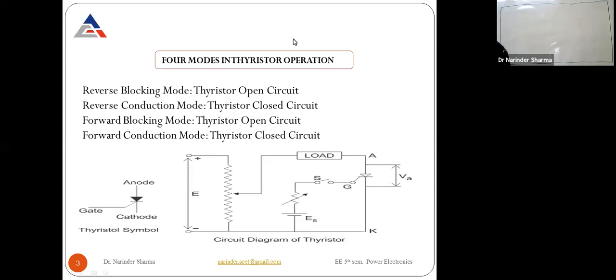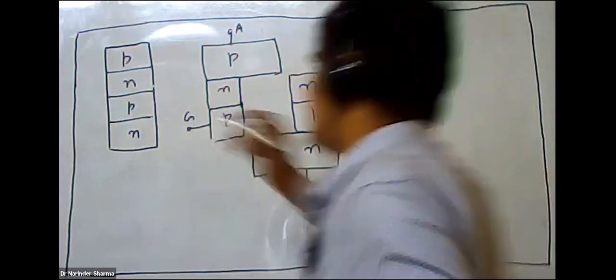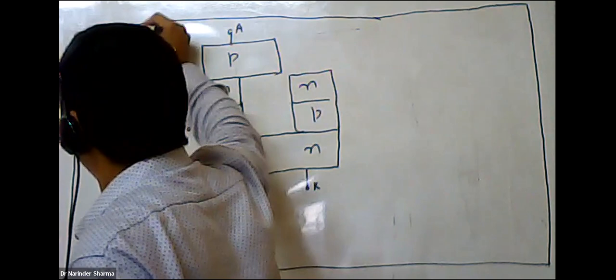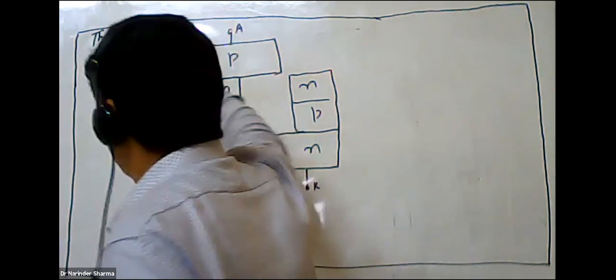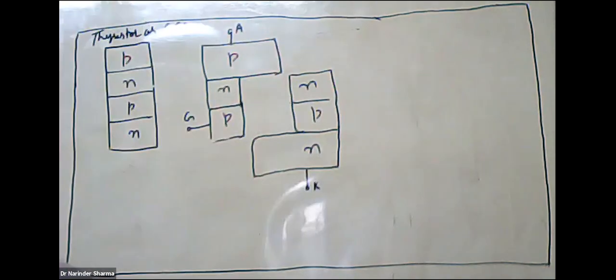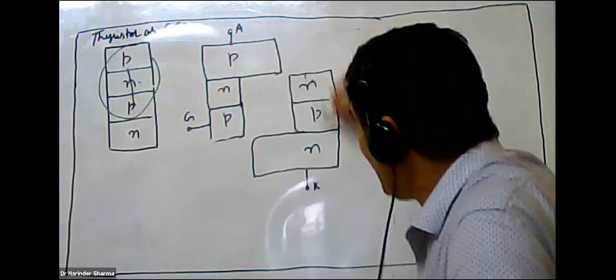First of all, we will start with the two transistor model. Students, you can see that this is the thyristor or SCR, PNPN. Here we are using a PNP portion, and this half is being separated as NP.